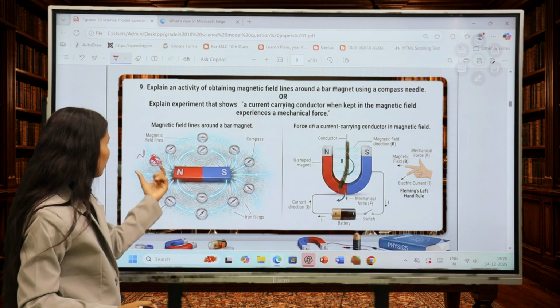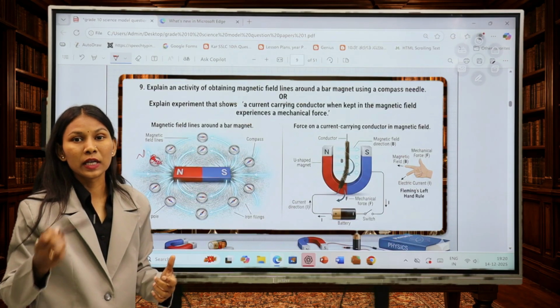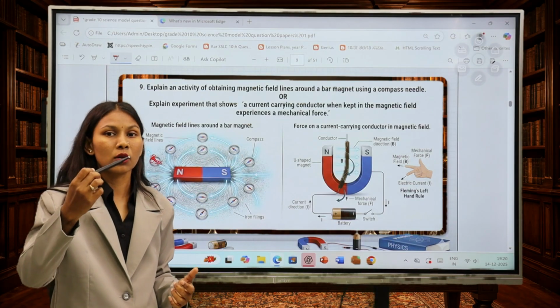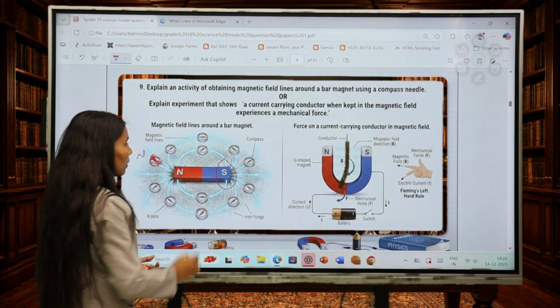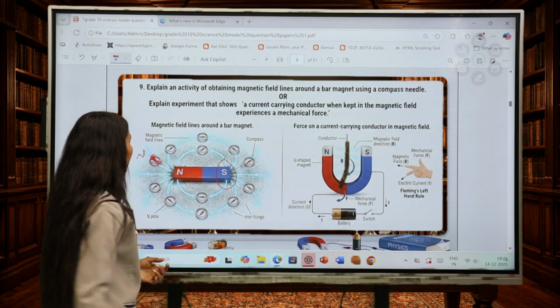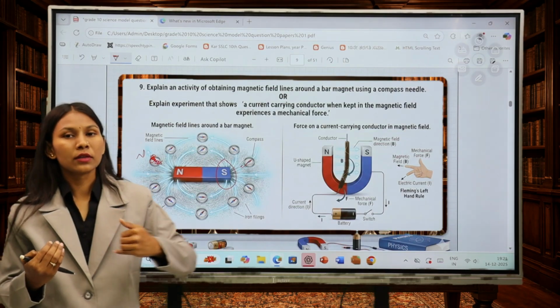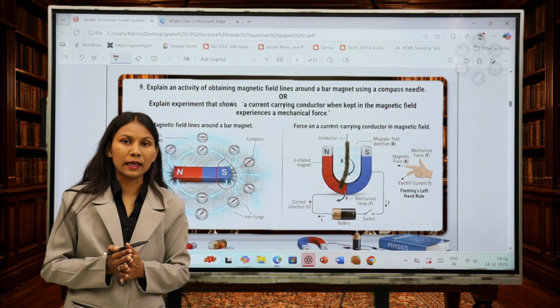Again, once we shift the compass, we will get to know the magnetic field lines. We can draw the magnetic field lines along the compass. As you approach the other end of the bar magnet, as you can see here, the compass north gets attracted and the south is repelled. Okay, so this is how we can draw the magnetic field lines.